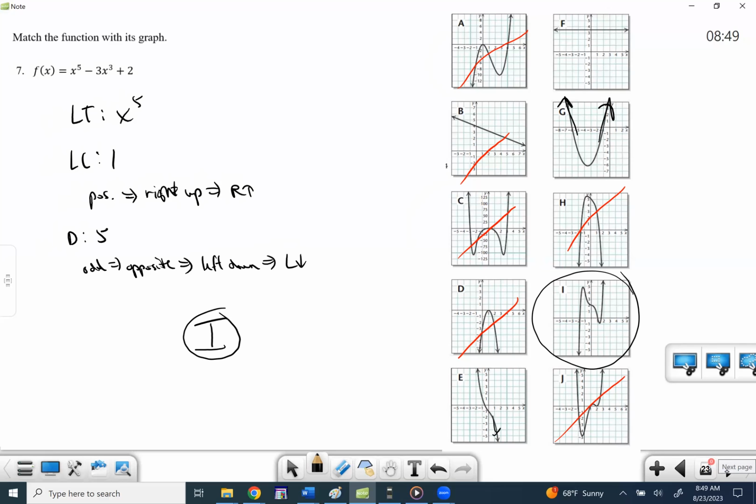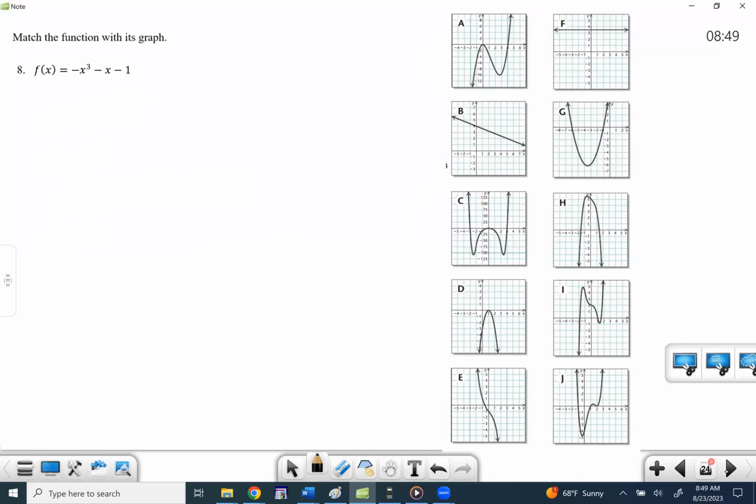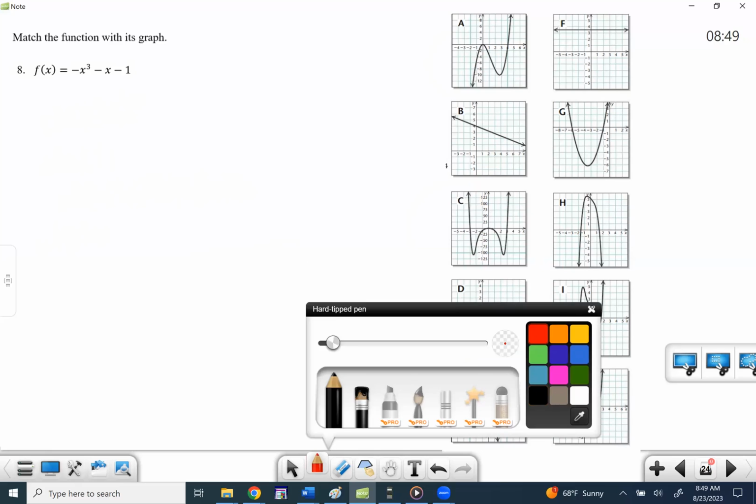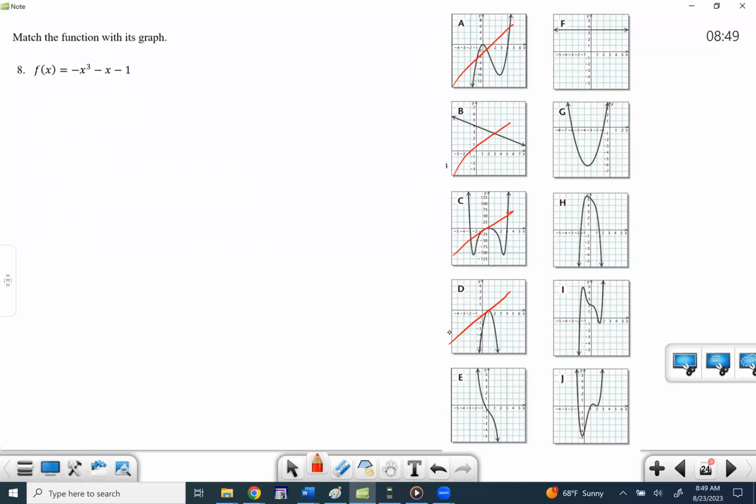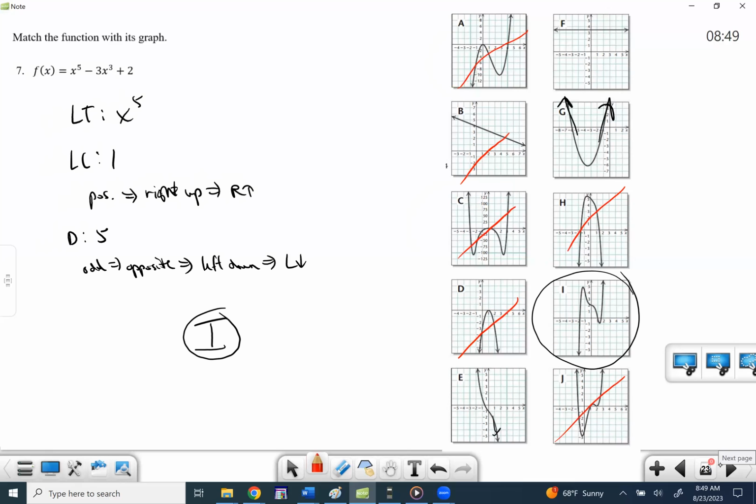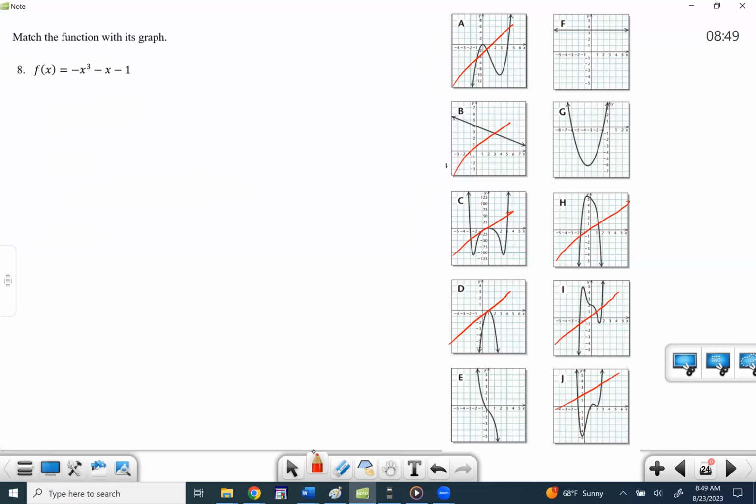So E, F, and G are the only ones that are left. Is J still up? Awesome. All right. The leading term is negative x cubed. The leading coefficient is negative.